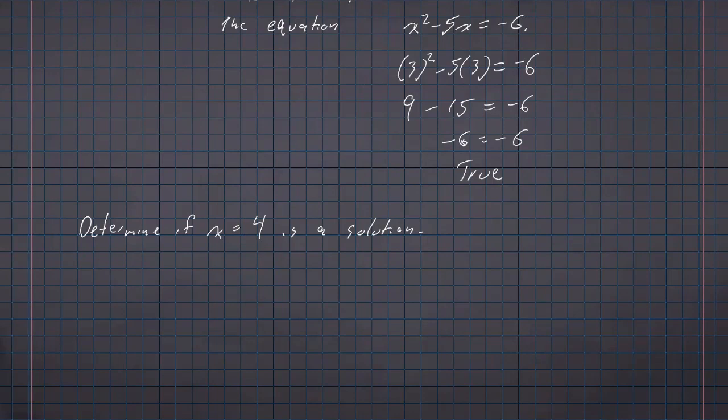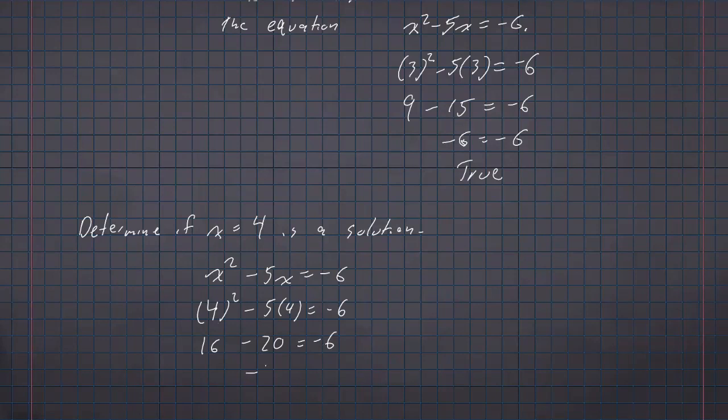We will have x squared minus 5x equals negative 6. 4 squared minus 5 times 4. 4 squared is 16. 5 times 4 is 20. And 16 minus 20 is negative 4. I hope you all agree with me that negative 4 is not equal to negative 6. This is false. So x equals 4 is not a solution to this particular equation.